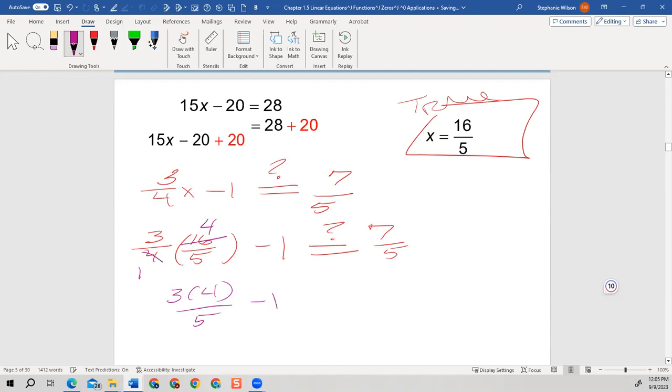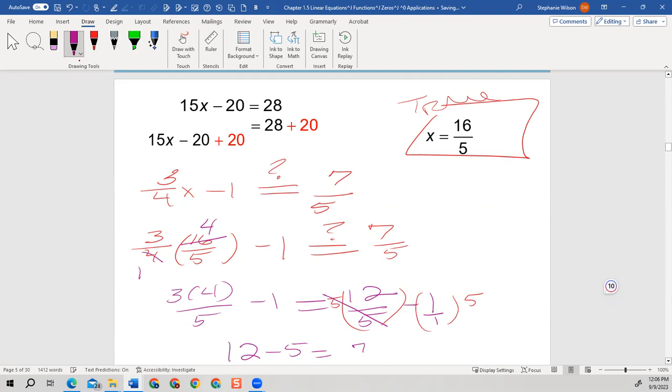Well, 3 times 4 is 12 over 5 minus 1. Now, in order to solve this, I need a least common denominator, and I know that 1 is seen as 1 over 1, and the common denominator is 5. So let's multiply both of these by 5. Now I have the 5's reduced, and I got 12 minus 5 is equal to 7, right?